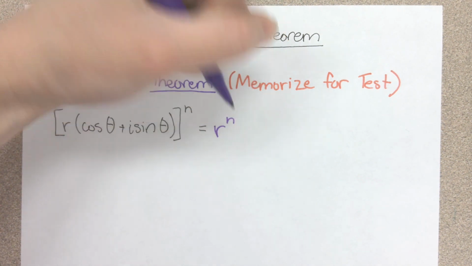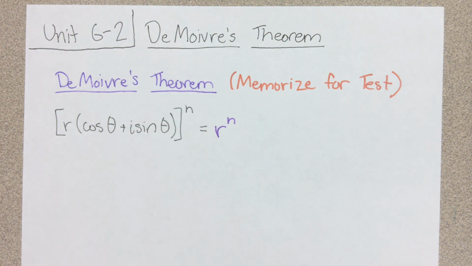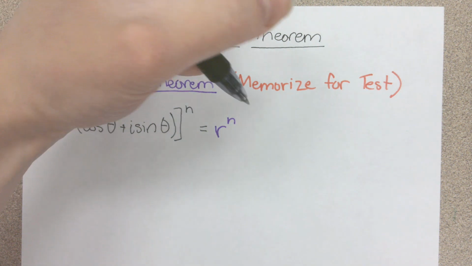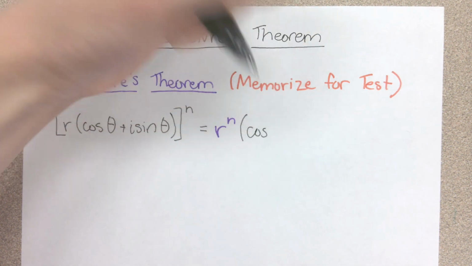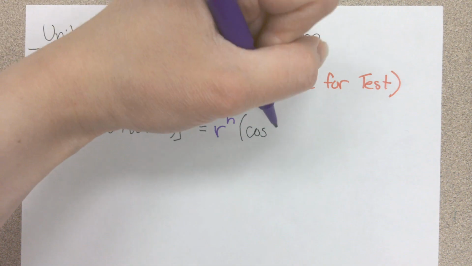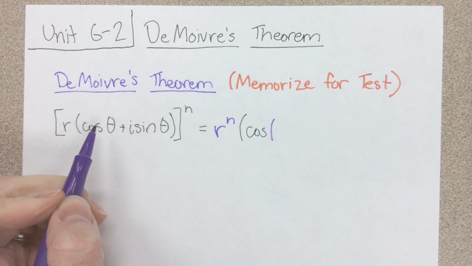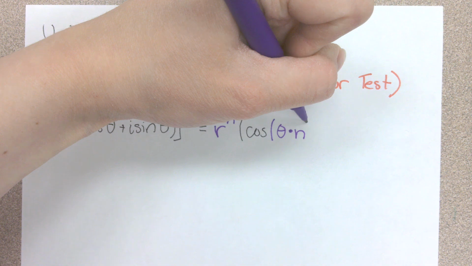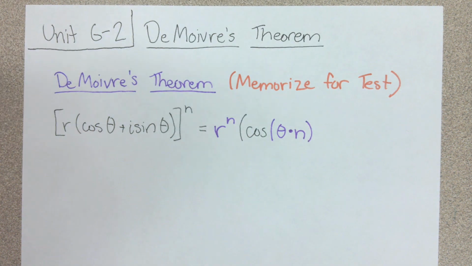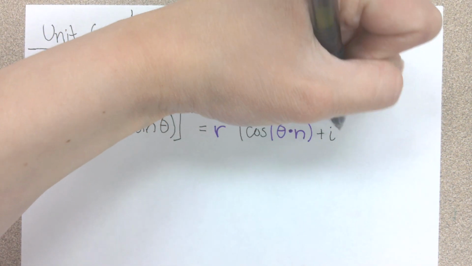You take the r to the nth power, and then inside the polar number we have cosine of, inside you do theta times n. And you'll do that in both places.